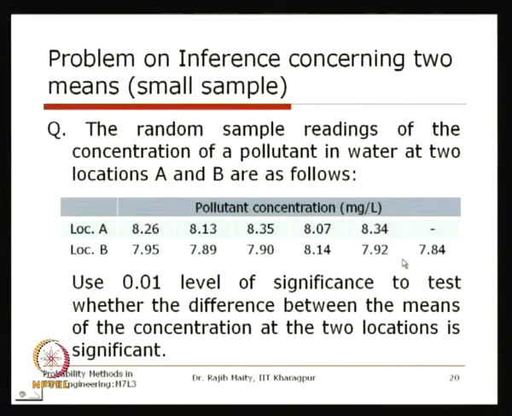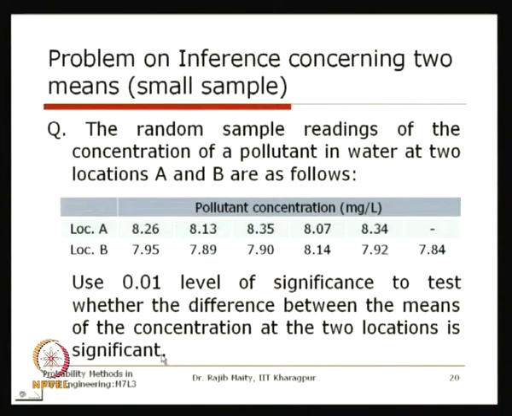This problem is taken because it is not required that we have the same length of data, so n1 and n2 need not be the same. For sample 1 we have 5 samples, and for sample 2 we have 6 samples. Use the 0.01 level of significance to test whether the difference between the means of the concentration at the two locations is significant or not.